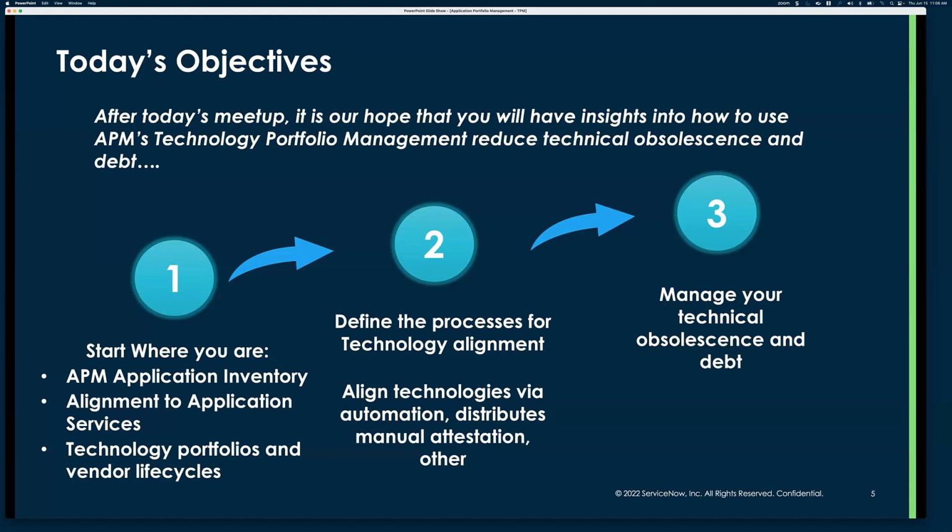It begins where you are. You need an application inventory. Part of it, the automation of it, is where the power of the platform comes into play. You've got to have certain things in place. You've got to have alignment of your application services. We'll talk about what all this means.